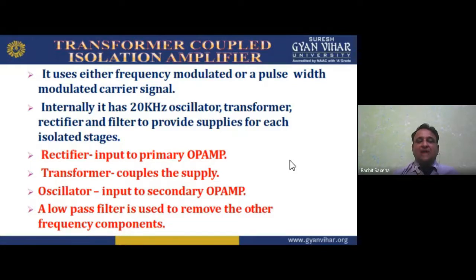So it uses either an FM modulator, or PWM, that is pulse width modulated carrier signals. In FM, we always work on the frequency. If I talk about the sine wave, we write V equals Vm sine omega t, where Vm is the amplitude.